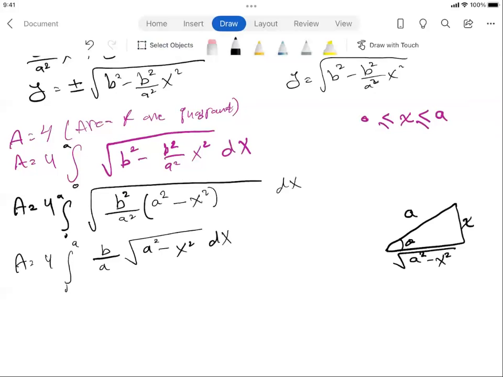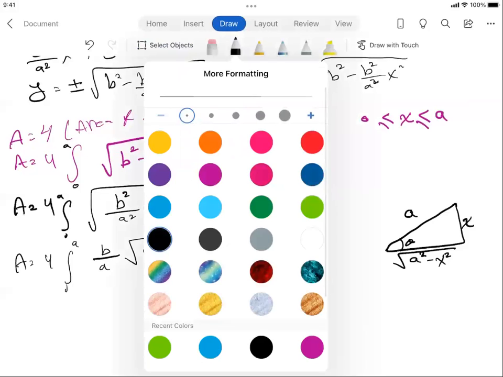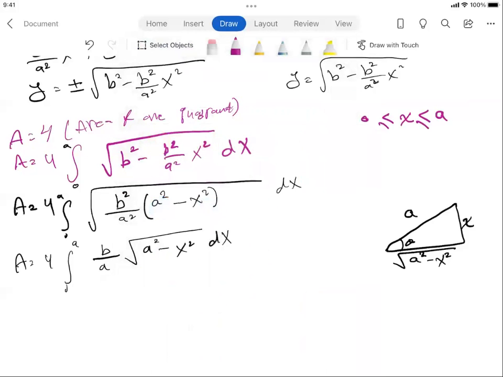And from this, I can derive the substitution that I want to use. So what's the trig identity that links x to a? Well, obviously that's sine of theta. So sine of theta equals x over a. Then x equals a sine of theta, and dx equals a cosine of theta d theta.